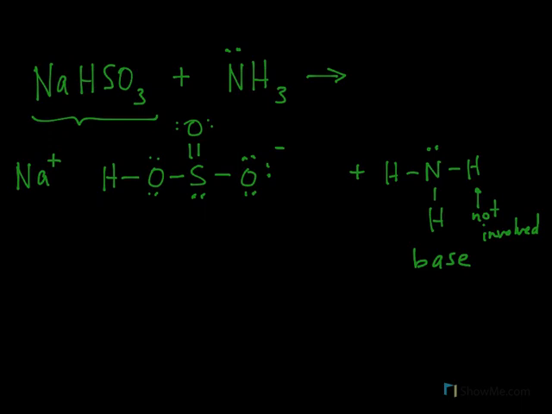Why? Because the nitrogen is very electronegative. It's a very electronegative species, and so it will not give up those 2 electrons. And hydrogen is very closely bound to the nitrogen, so that is not going to be the proton donor here.